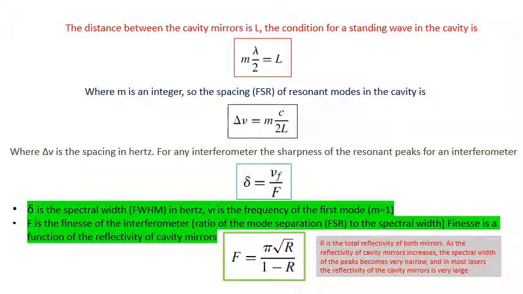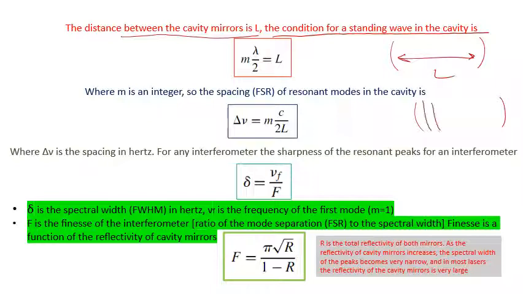Now, a very important slide. The distance between the cavity mirrors is L. These are the cavity mirrors and the distance between them is L. The condition for standing waves in the cavity, as we know that standing waves are generated inside the cavity: if we know the length, we can find the wavelength, and if we know the wavelength, we can find the length.